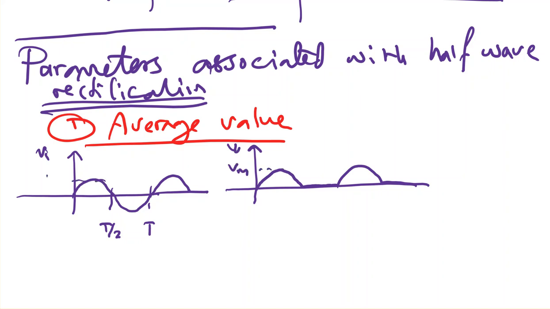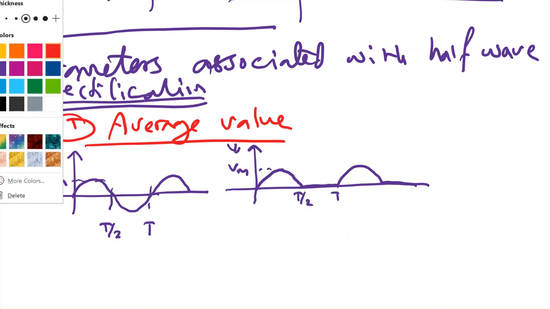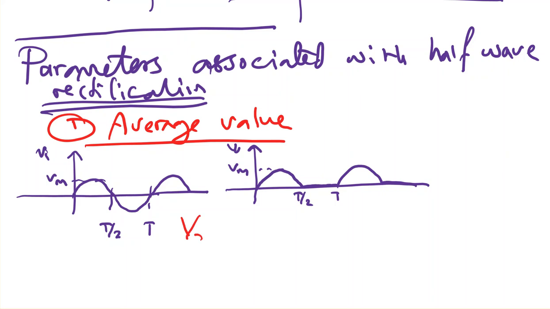Of course, this is the same Vm. Now, this is T over 2 and this is T. As we know from mathematics, that the average value, V average, of any signal can be represented as 1 over T, where T is the period, integration from 0 to the period of the function V of t dt.